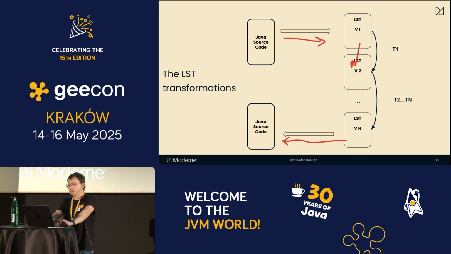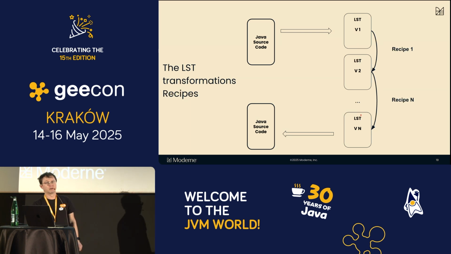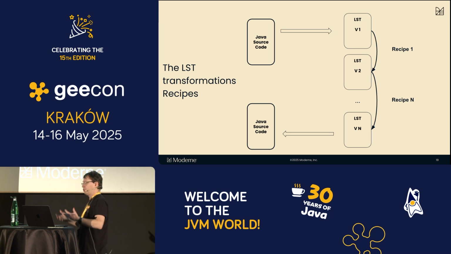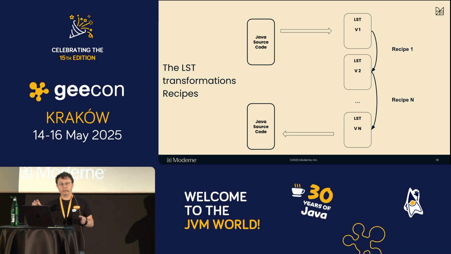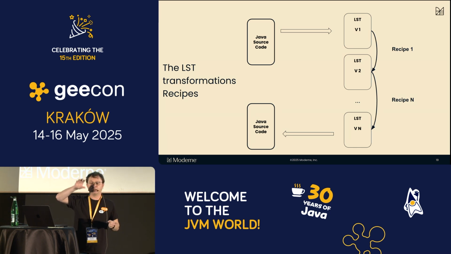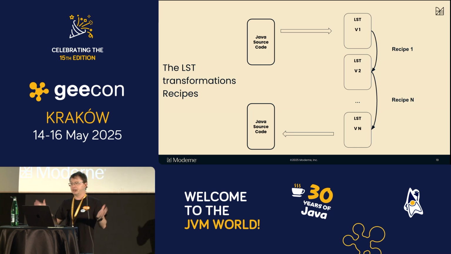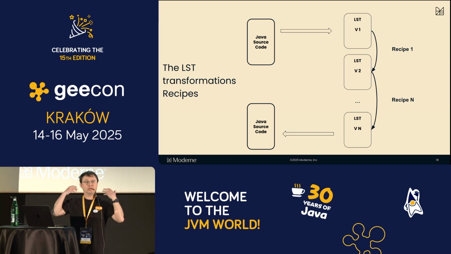These transformations are called recipes. So all our recipes are based on and work on top of the LST tree. They apply changes to this LST tree, change the nodes, the types, add nodes, delete some nodes, and then print it back to the source code.